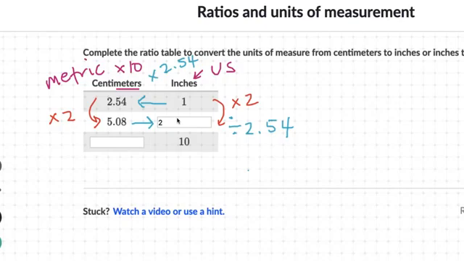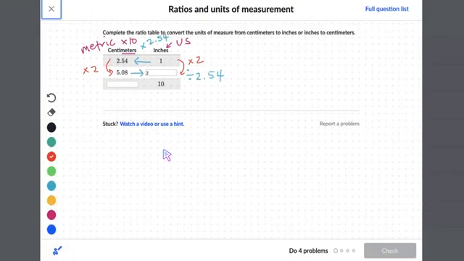So pause the video and see if you can figure out this last blank. There's 2 different ways you can get there. All right, one way that you could get there is that you could have seen that 1 up here times 10 would get us to the 10 inches.